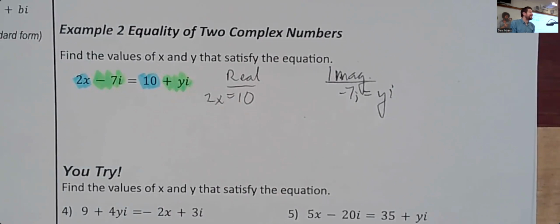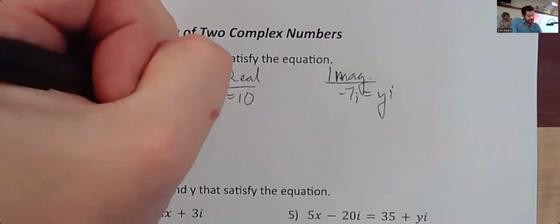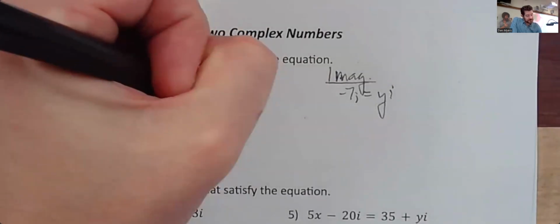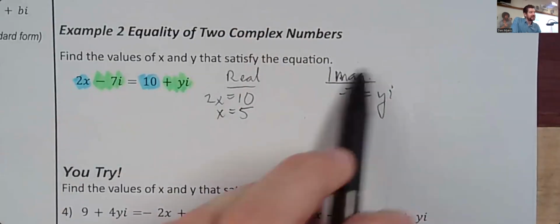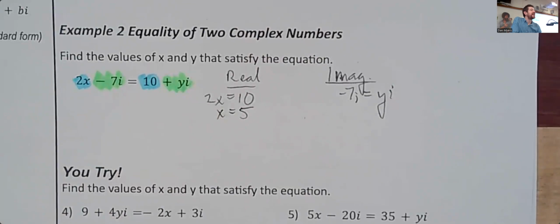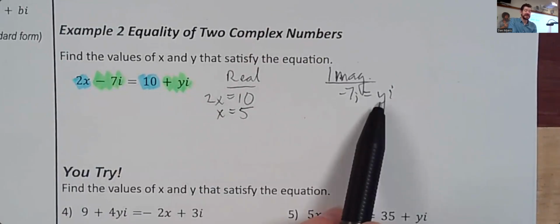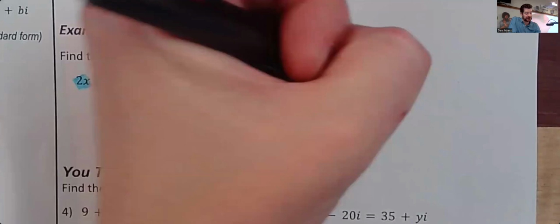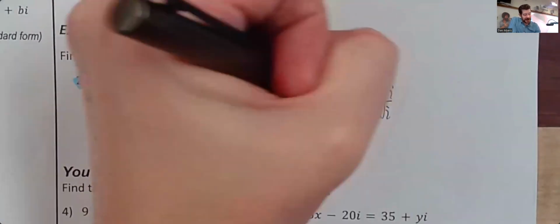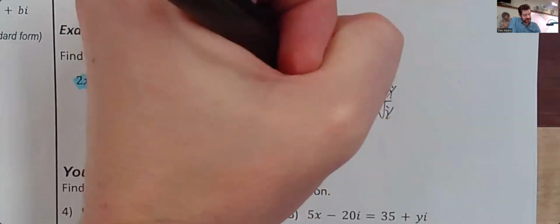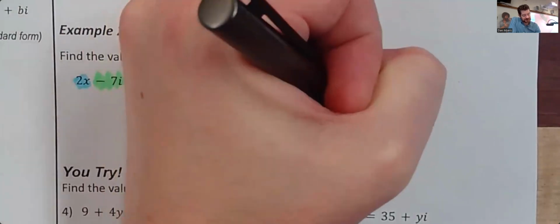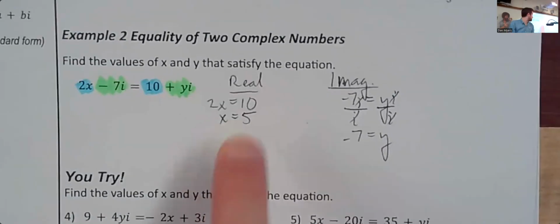What does x equal? 5. Yeah, just divide by 2, x equals 5. Any thoughts on the imaginary side? We can divide the i out of it because we're trying to get y by itself. The thing that's multiplying by y is i, which is the square root of -1. So if we divide by i on both sides, that'll give us -7 equals y and x equals 5.